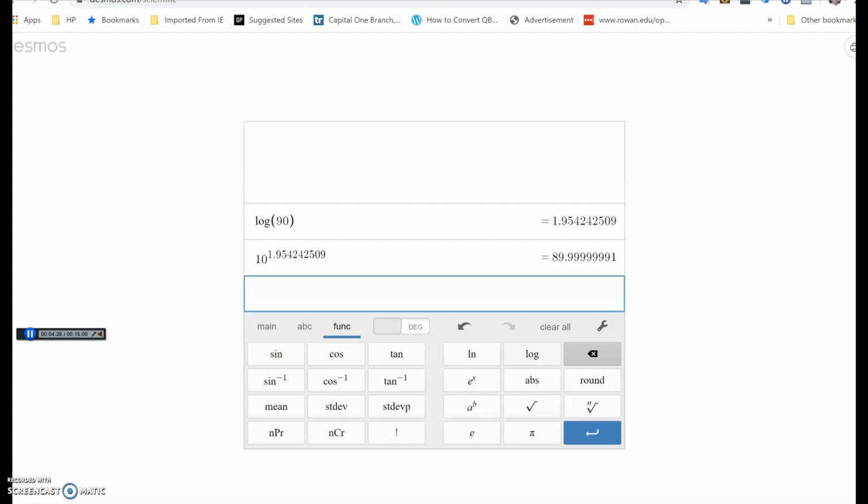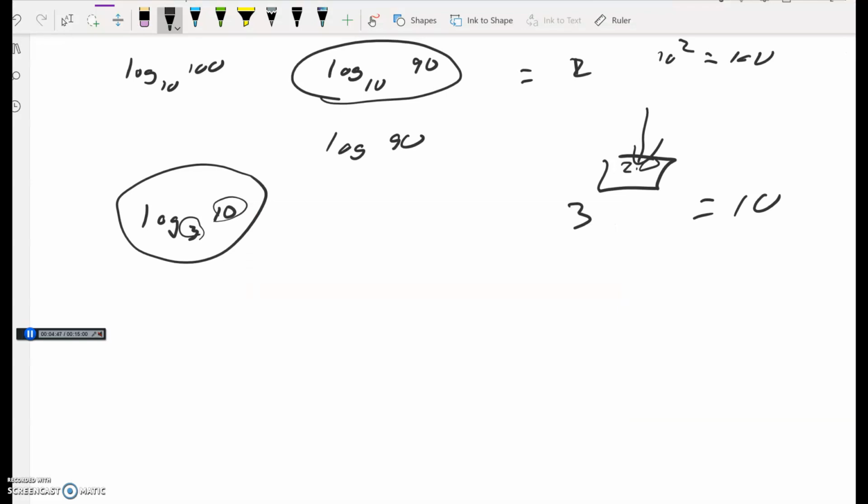There's a log without anything, which is base 10, and then there's the natural log ln, which is base e, which is like 2.7 something or other. And there is no log base 3 or log base 4 or log base 5, and so what in the heck are we supposed to do? We know that this is going to be a number a little bit bigger than 2, but we don't know what it is.